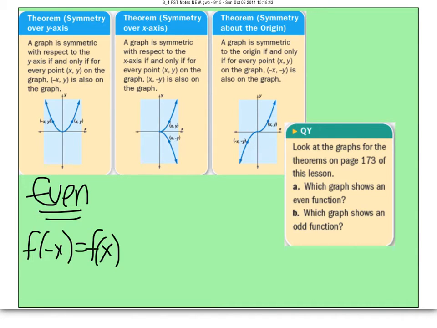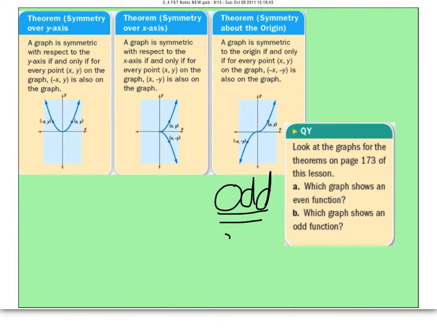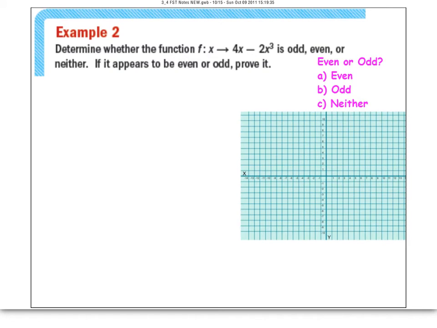The last test we did, is it symmetric to the origin? That is, does it rotate at the origin? This one here is going to be our test for being odd. And on that, we're going to put a negative x into the function. And if we get back the opposite of the original function, then we would say it's odd or it rotates at the origin. Let's look at two examples.